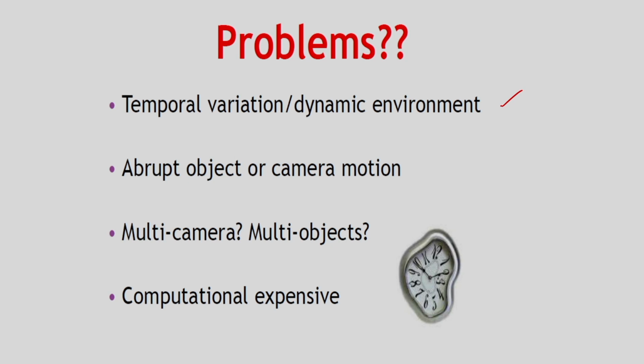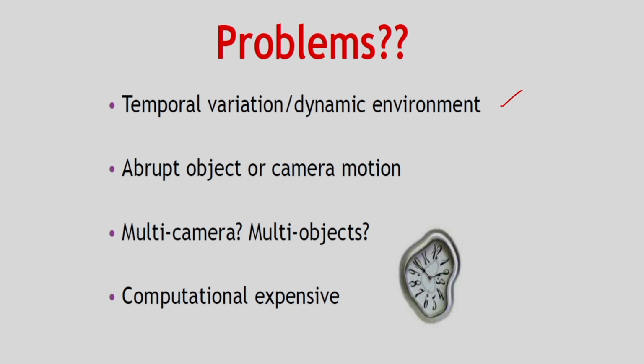The next point is the abrupt object or camera motion. So there may be abrupt object or camera motions. Then in this case also we have to do the tracking, we have to do the background subtraction. So all these things we have to do, but we have to consider these cases, that is the abrupt object or the camera motion. And also we can employ multiple cameras for a video surveillance system.